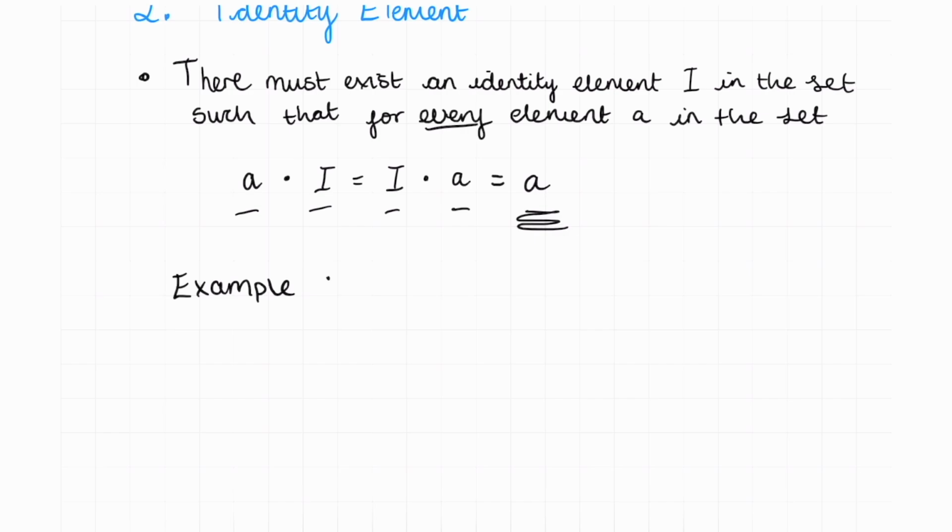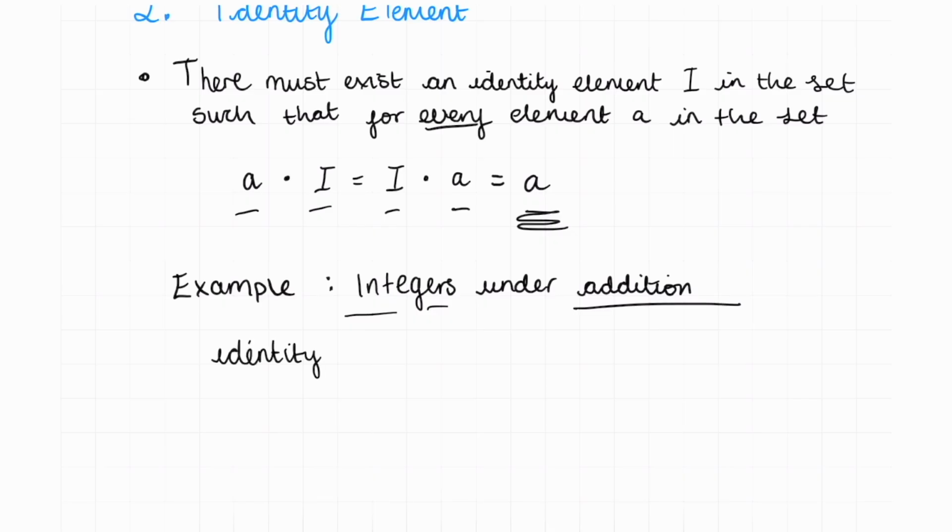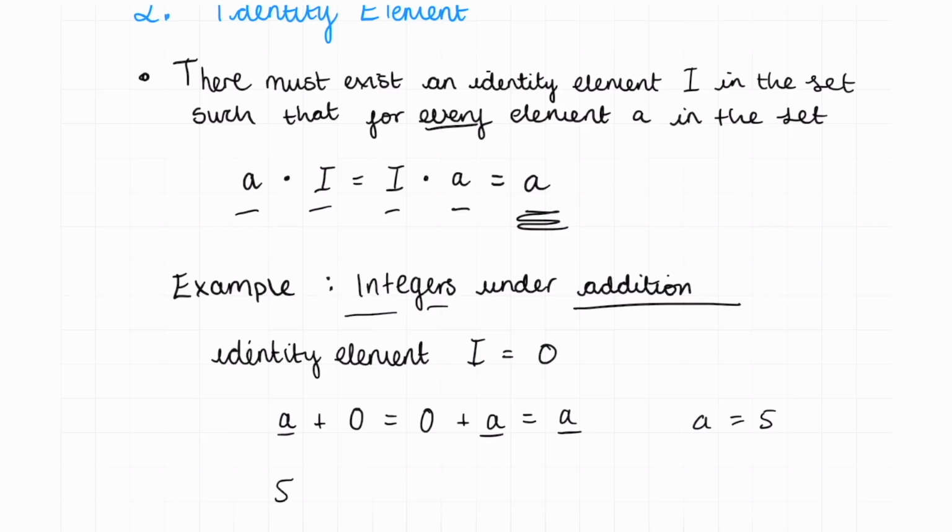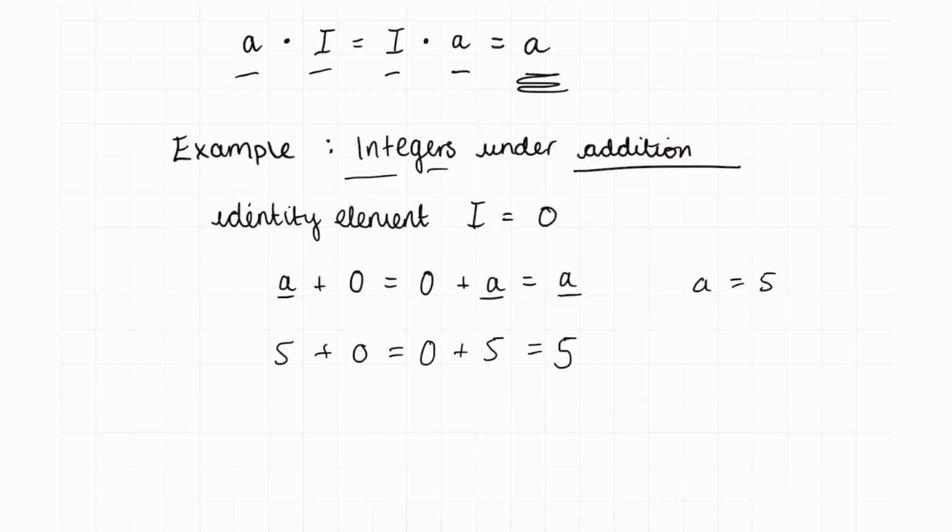So as always, let's explain this with an example. If we take, again, integers under addition, so the set of elements is integers, the operator is addition, then the identity element is 0. So identity element I equals 0. Let's check this. So any element A plus 0 equals 0 plus A, which also equals the element. So for instance, let's say that A equals 5. So 5 plus 0 equals 5 equals 0 plus 5, which equals 5. Let's do another example. Let's take the integers under multiplication.